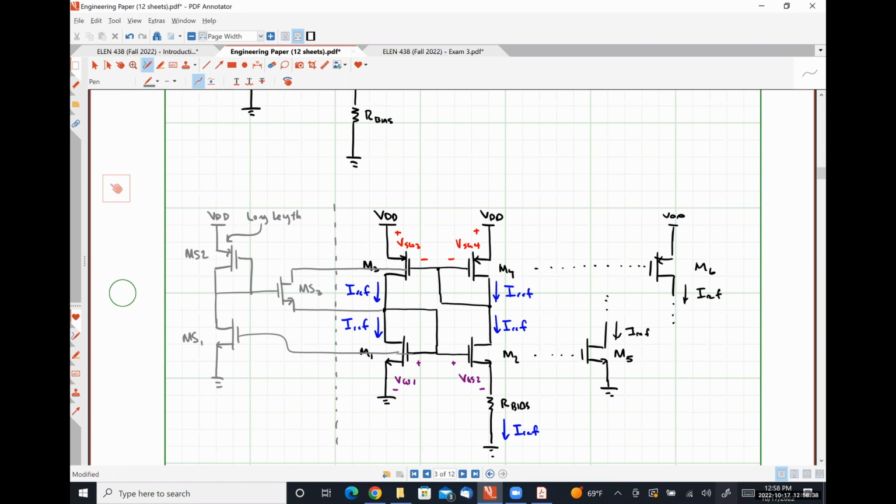Under that condition, the gate of our transistor MS1 is at ground as well, so it is off. And the gate of transistor MS2 is somewhere between our power supply voltage and the power supply voltage minus the threshold voltage of our PMOS transistor. So effectively, this node is just floating somewhere close-ish to VDD.